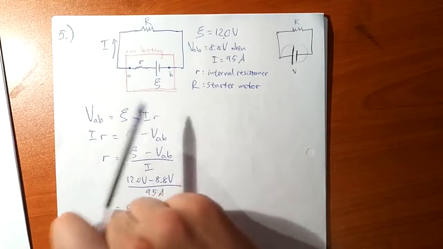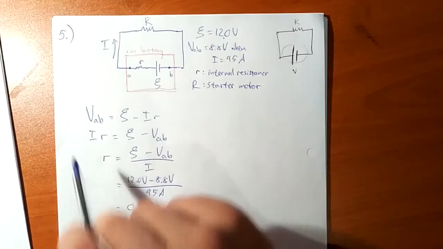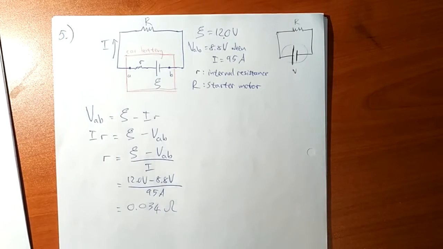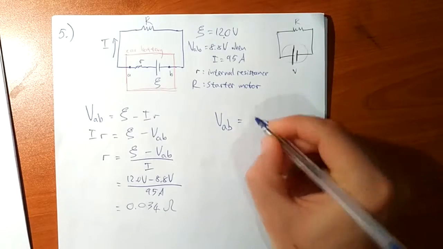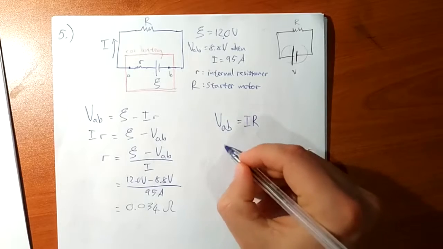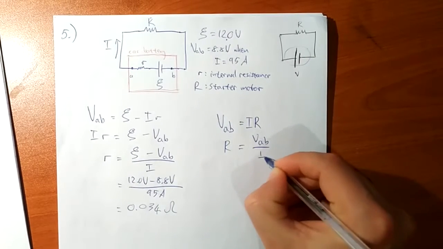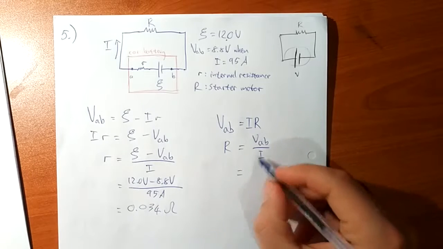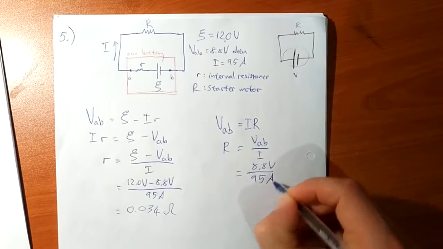So the voltage VAB would be the voltage over this big R, over the starter motor as well. Right. So I can just use VAB equal to IR. What am I after? R is equal to VAB over I, and this is just 8.8 volts over 95 amperes.